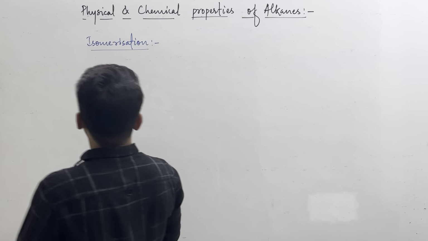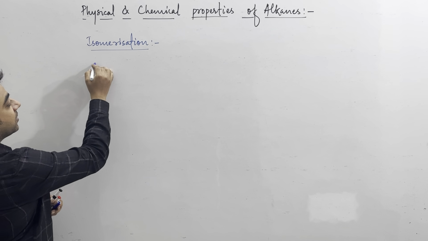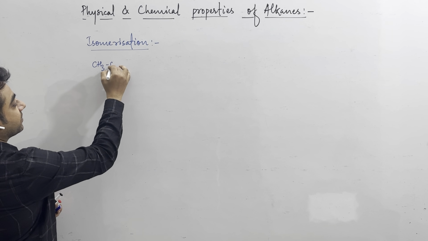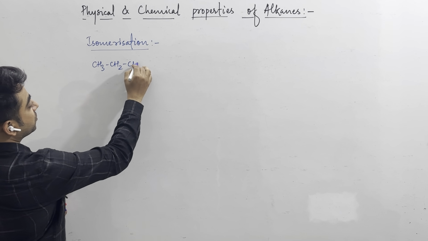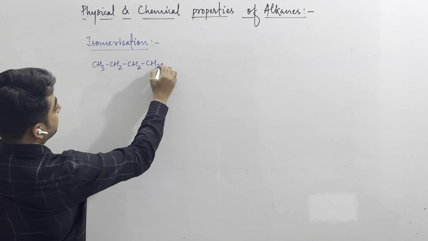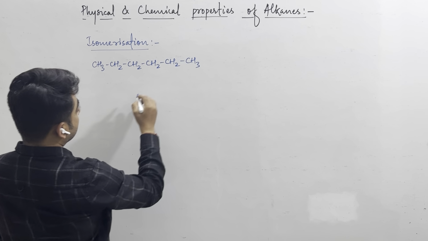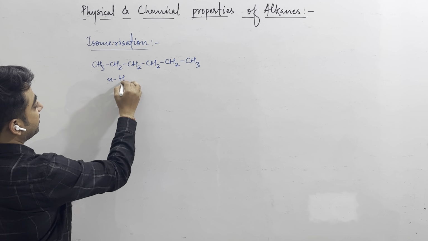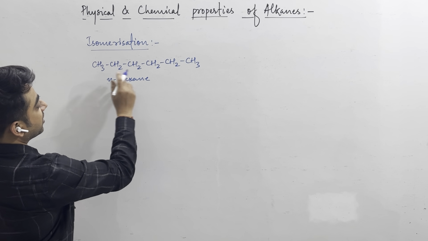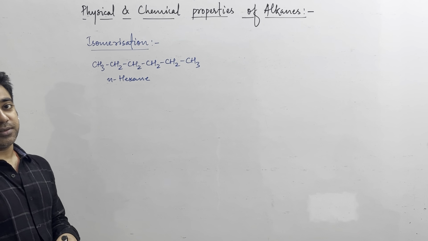One example I can give here is normal hexane, CH3, CH2, CH2, CH2, CH2, and again CH3. This is normal hexane. You can see all 6 carbon atoms are in the straight chain.